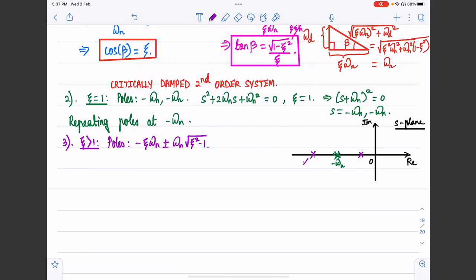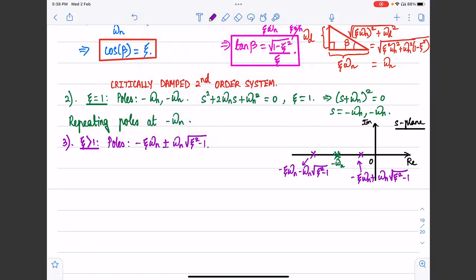This pole is going to be minus zeta omega n minus omega n times square root of zeta squared minus 1. It's going to be more negative. This one is going to be closer to the imaginary axis: minus zeta omega n plus omega n times square root of zeta squared minus 1. But it will still be in the left half plane, on the negative real axis, so the system is stable.